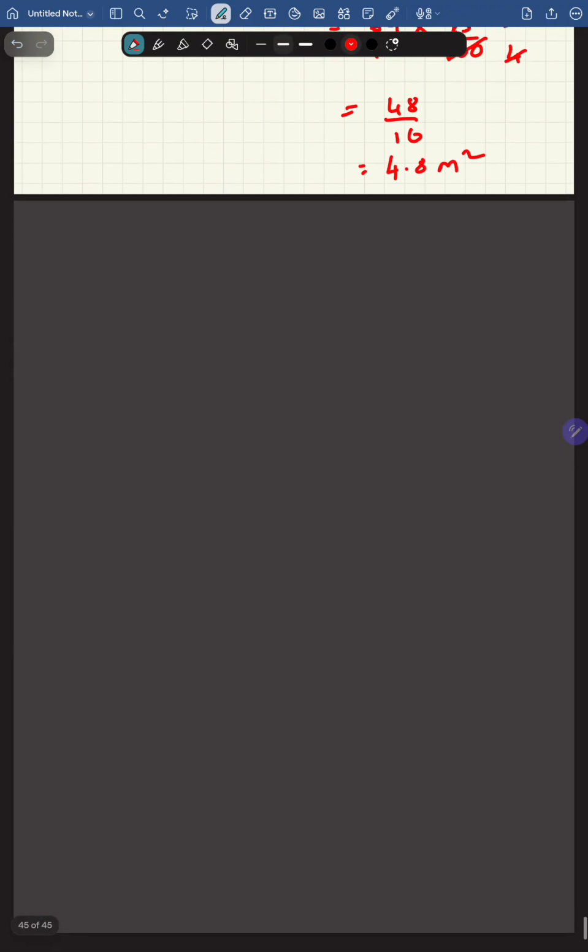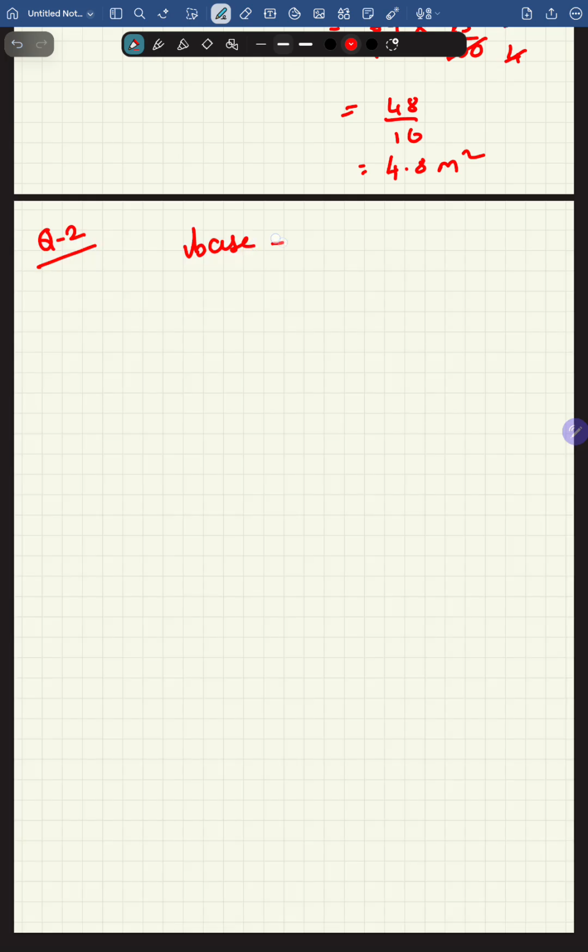Now on question number 2, exercise 23b. Let's see what is said. Height is 1/3 base. So if we take the base as x, the height becomes 1/3x. It is given the area is 192 centimeter square.